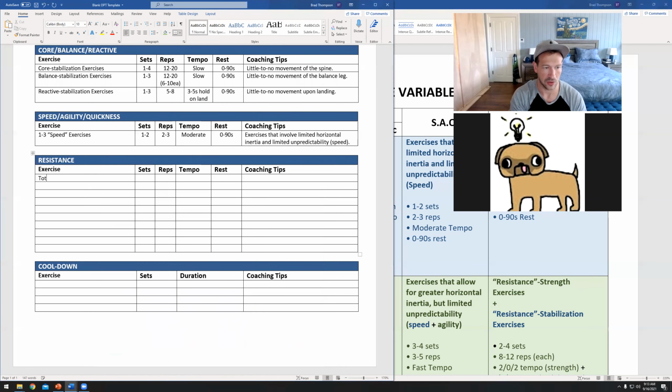So we're going to say total body stabilization exercises. We'll say chest stabilization exercises. We'll say back stabilization.